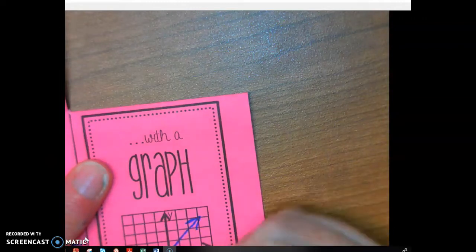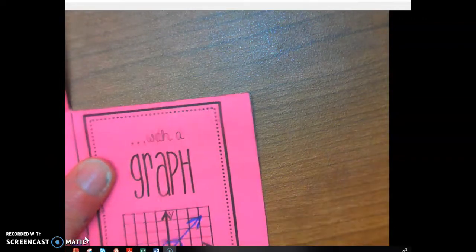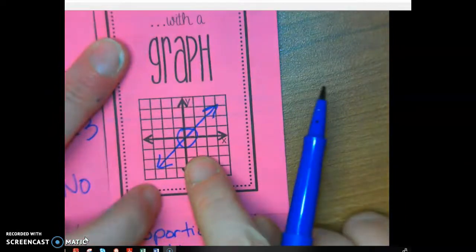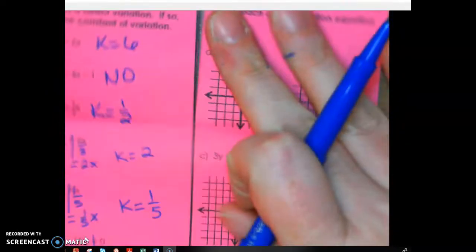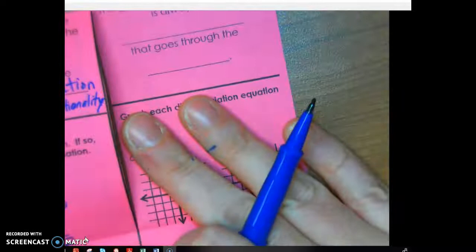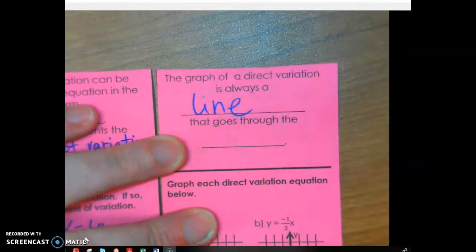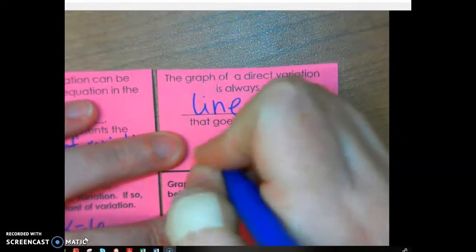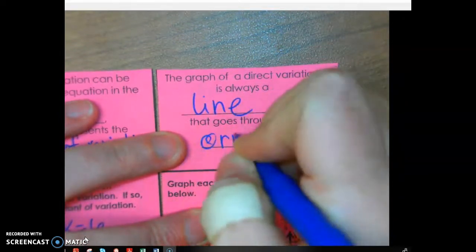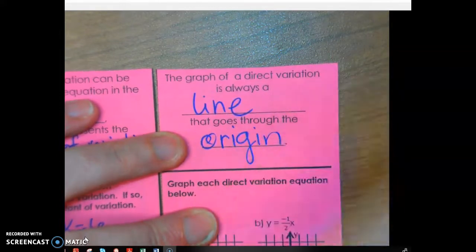Here's my favorite fun and easy way. Where must it go through? Yes, absolutely, it must go through the origin. It is always a line that goes through the origin.